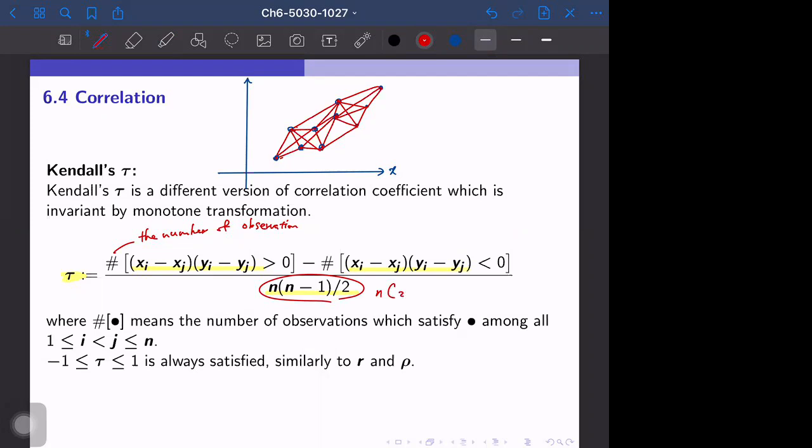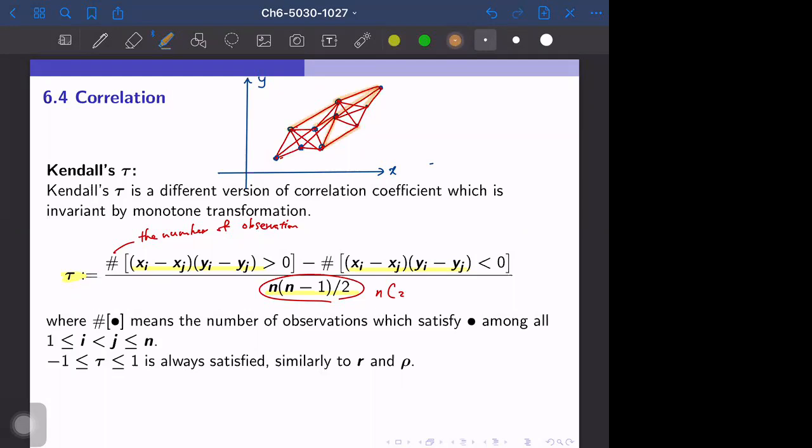So the idea is that if x and y are positively correlated, like this figure, most lines have an increasing slope. So if x coordinate is larger, y coordinate is also larger. So actually, these lines satisfy those conditions.